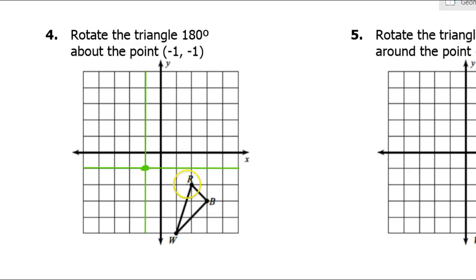Well, we have a point at 3, comma negative 1, and we have another point at 4, negative 2, and we have another point at 2, negative 4.